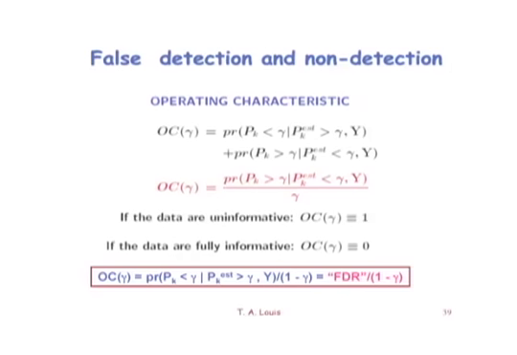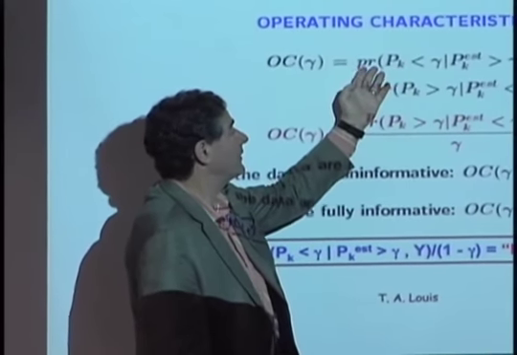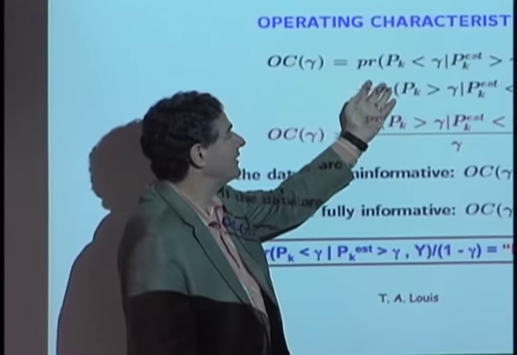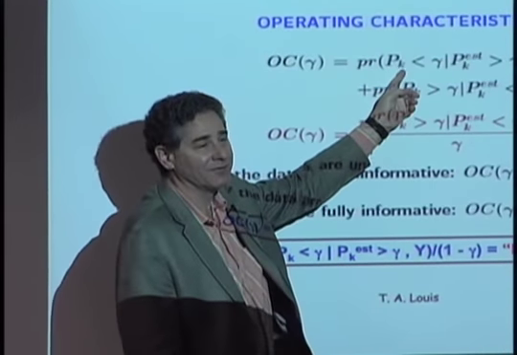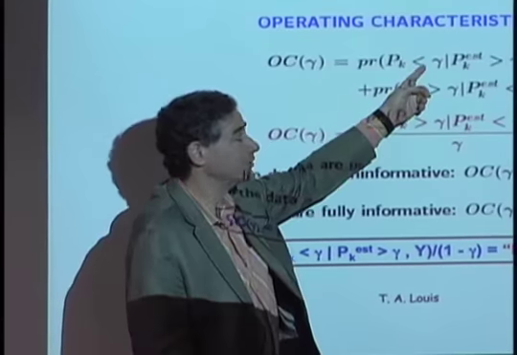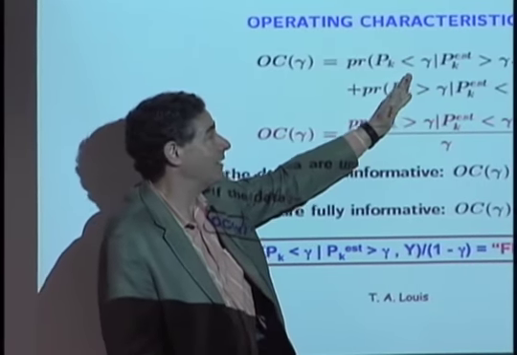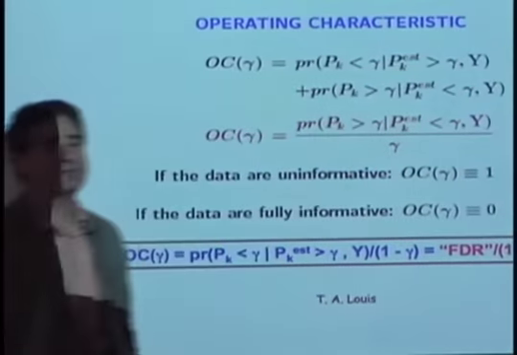I'd like to do a really good job of selecting the top 1% of SNPs or 5% or 100 SNPs or whatever. And so take a different criterion, one that is not squared error loss, but says I'm going to keep score by counting up the probability that the true percentile for this SNP or this unit is below some threshold gamma when I estimate it to be above gamma.